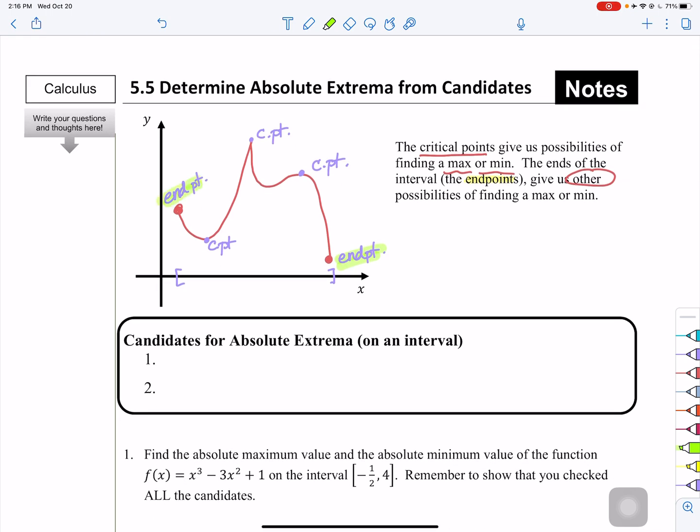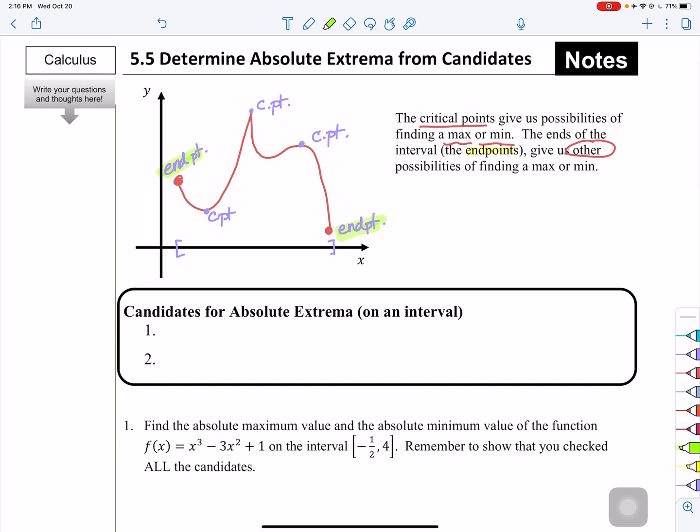It is a local max, but this is the important one right here, is that here our endpoint is an absolute min. So we're able to find our absolute extrema by taking a look at the critical points and also the endpoints.